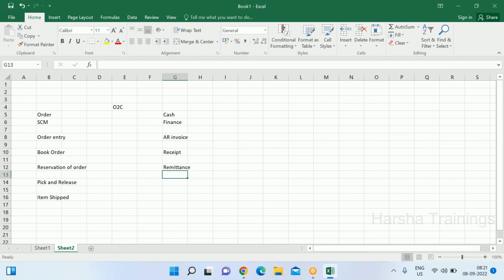Remittance is nothing but, to say in simple terms, for those who don't understand Oracle technology terms, we are showing in the system that these receipts are deposited in so and so bank account. Okay, it's kind of a deposit. So we are showing in the system whatever checks and cash received are deposited in so and so bank account. That is called remittance.